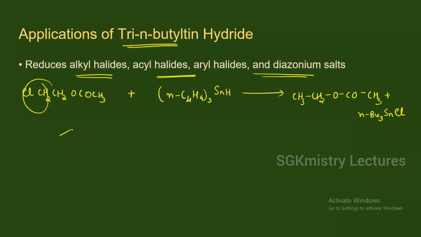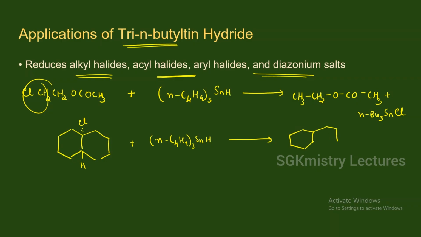If I take one more example, here is a chloro group, and in the presence of this particular reagent, the Cl is replaced by H. So here you have H and here you have H. Along with that, you have n-Bu3SnCl.